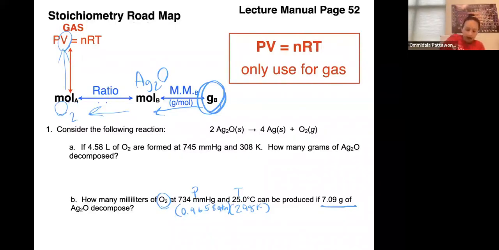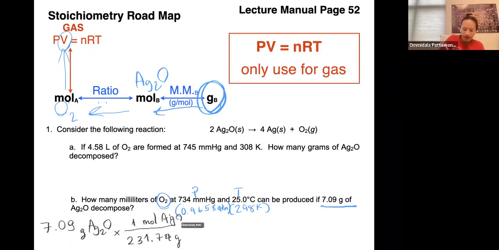So what I'm going to do is set up the mole conversion first. So 7.9 grams of silver oxide, and we know that every 231.74 grams of silver oxide equals 1 mole of silver oxide.